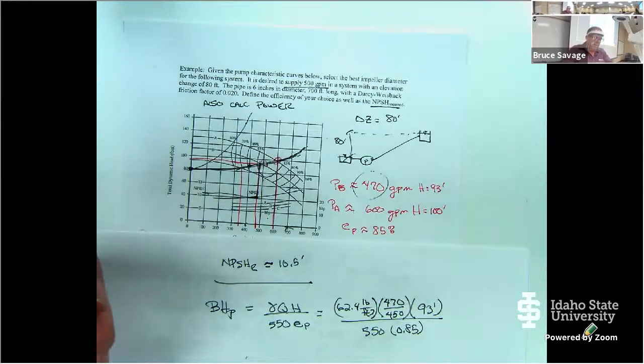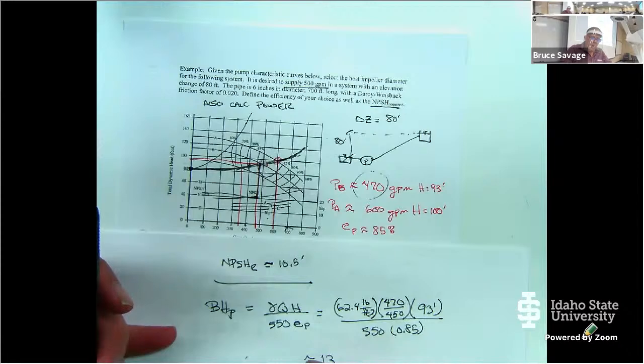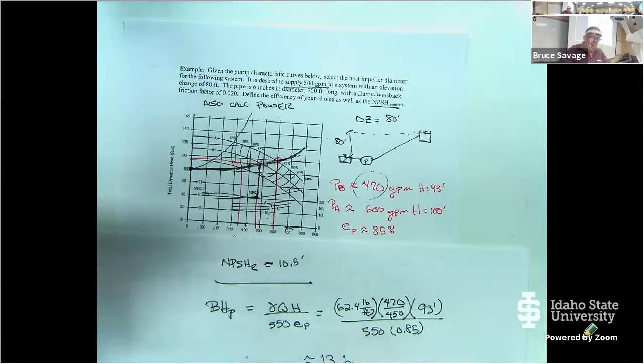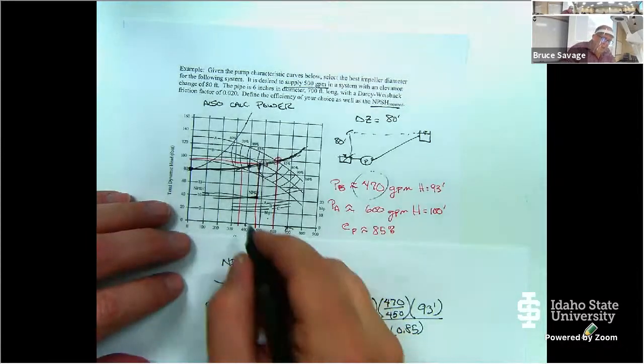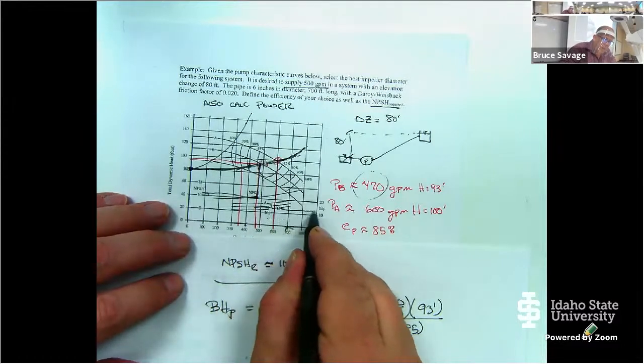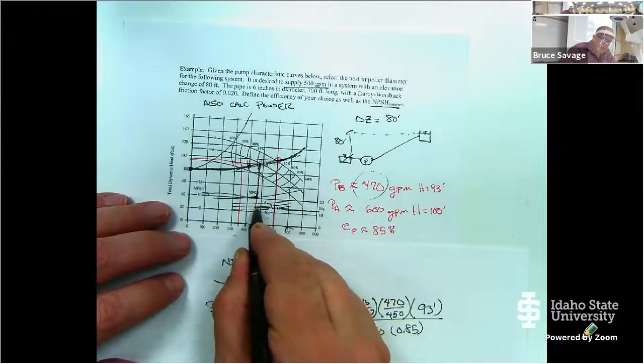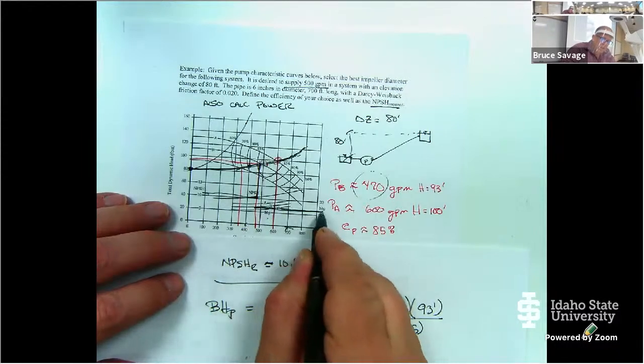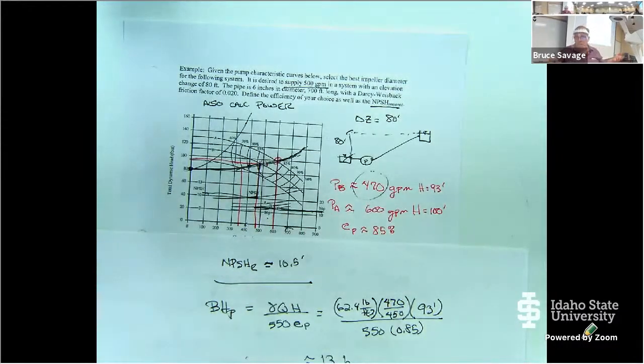Doing that is approximately 13 horsepower. I come down here and intersect that curve on B, and I come over right here, I can draw a straight line, not quite straight, but I should get 13, which it does.